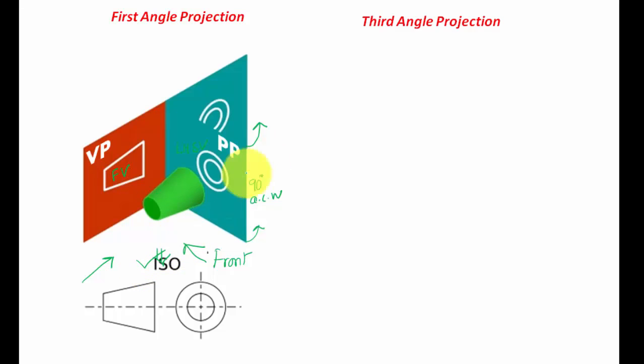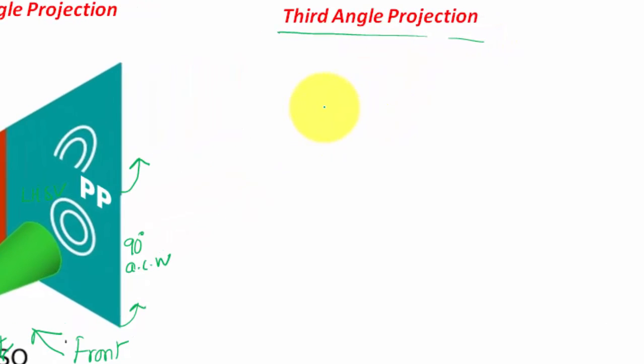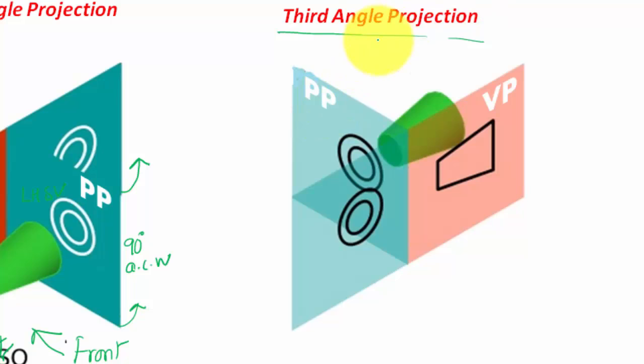Now let's see what this third angle projection is all about. We're going to make sure that this object lies behind this vertical plane. So when you try to look at this object from here, you won't be able to see the object. In order to visualize the object properly, you need to make this vertical plane transparent. That is in fact a condition, and you have an image over here.